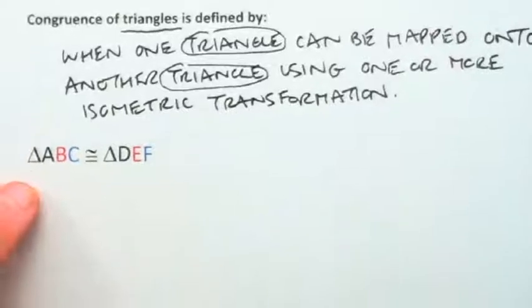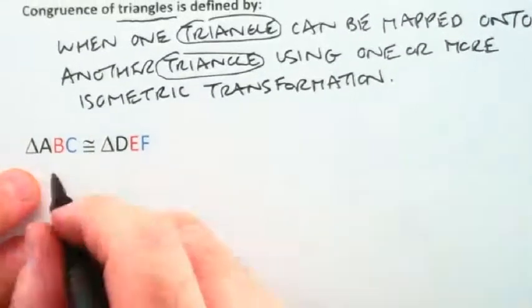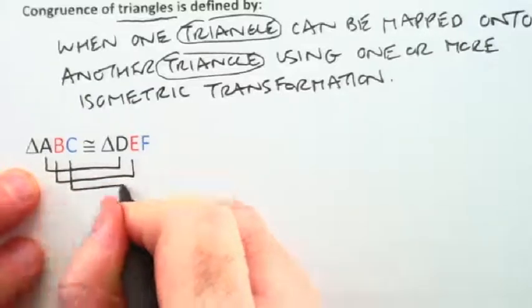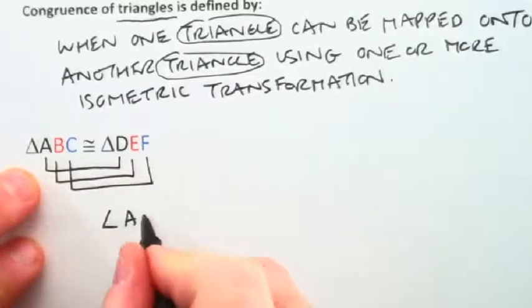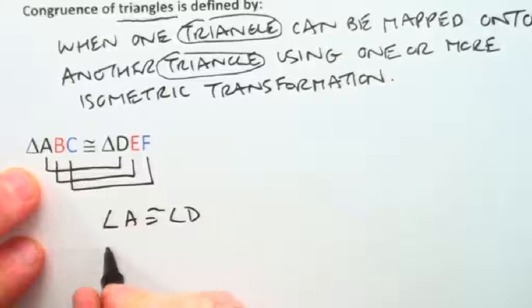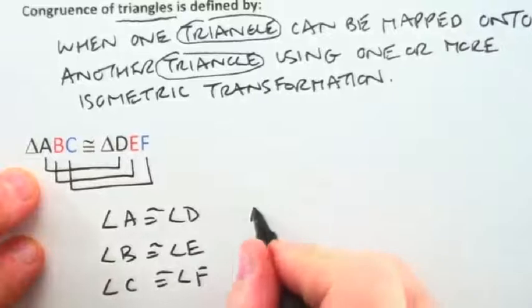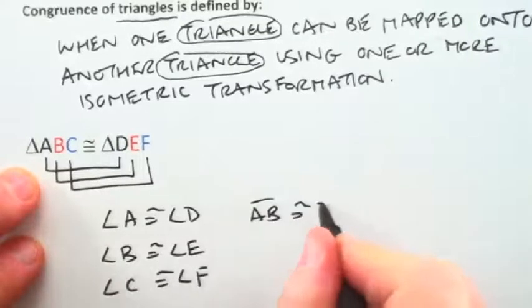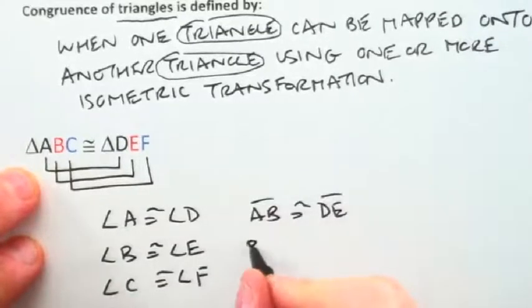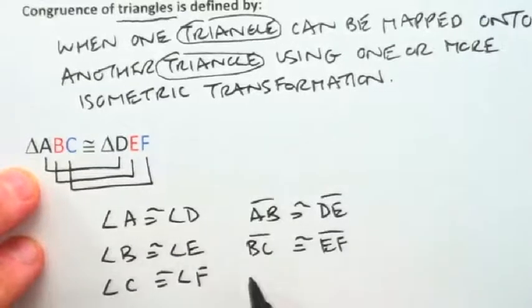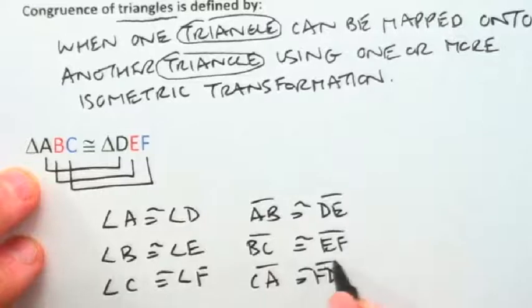And again, this is a congruent statement dealing with triangles, and it's corresponding, meaning that it tells us who matches who in the triangle. So angle A matches up with angle D, angle B matches up with angle E, angle C matches up with angle F, side AB matches up to DE, side BC matches up to EF, and finally CA matches up with FD.